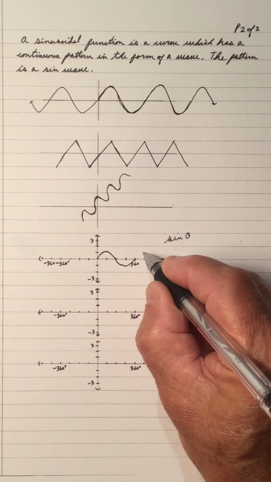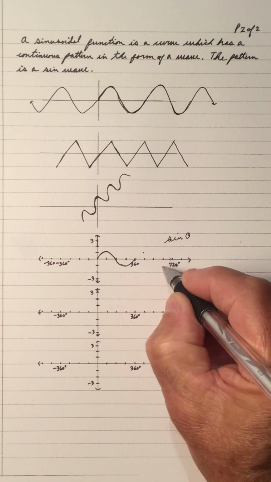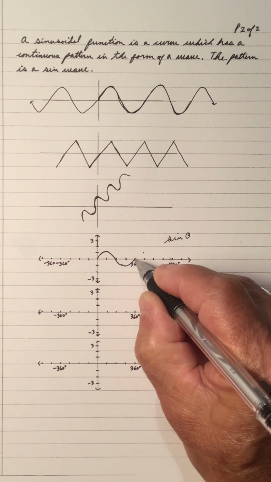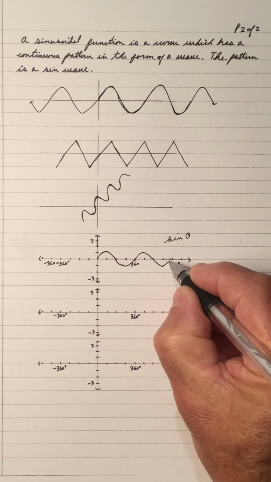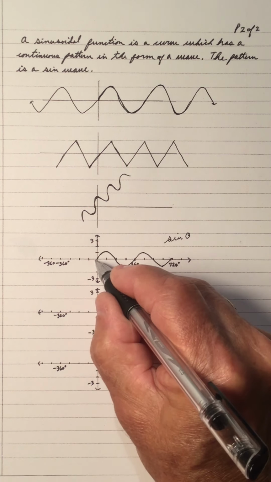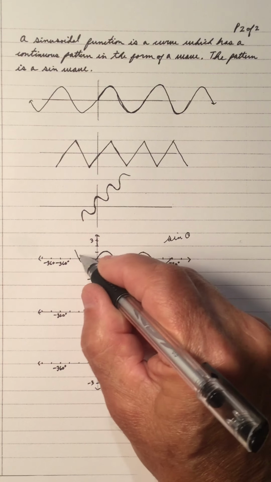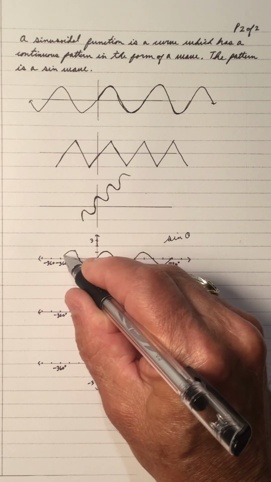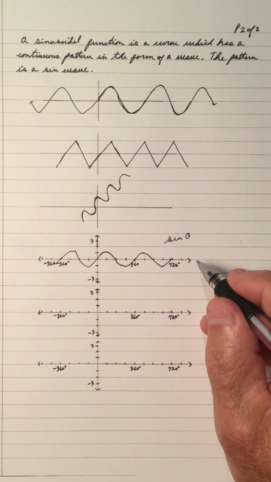So it goes up to the max, back to the middle, down to -1. It continues up, middle, bottom, middle, or it can go this way, bottom, middle, max is 1, and this continues on and on.